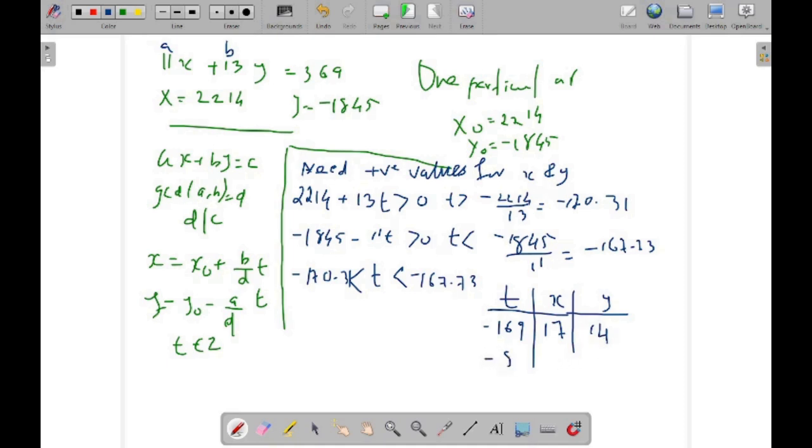If you take t equal to minus 168, you will be getting x equal to 20 and y equal to 3.